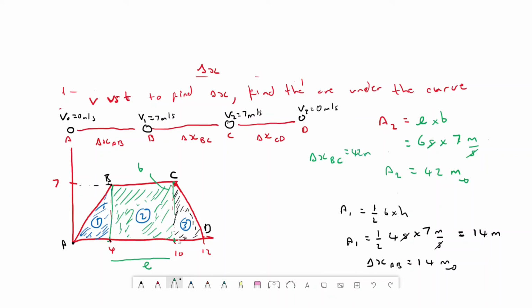Now let's find the area for the third section. Let's use a different color, a blue one. The area for the third section is a triangle, not a rectangle. So with this one I can say half base times height, right?